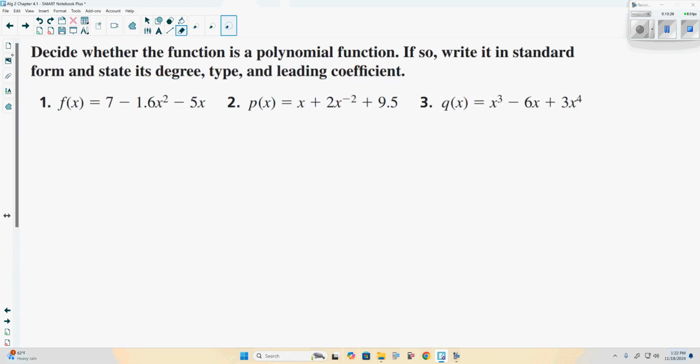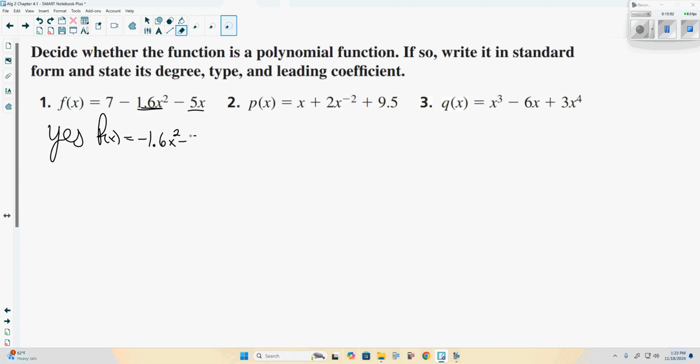Let's look at number 1. 7 minus 1.6x squared minus 5x. Is this a polynomial function? Yes. So if we wrote it in standard form, our x squared term, because it's the variable with the biggest exponent, would go first. So we have negative 1.6x squared.